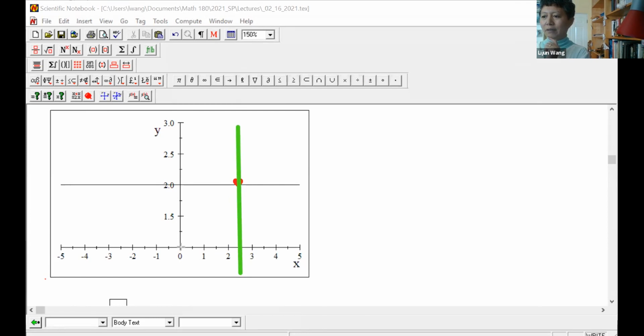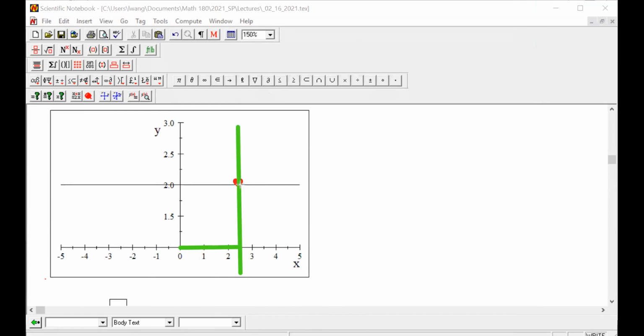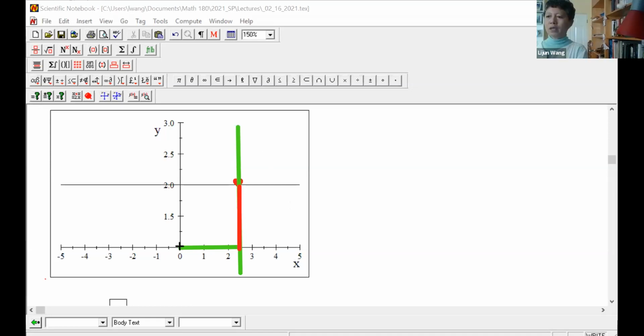This is the X, this is the input. And what is the output? 2. The output is 2. How long is this? It looks like it's 2.5, right? 2.5. And the output is what? 2.